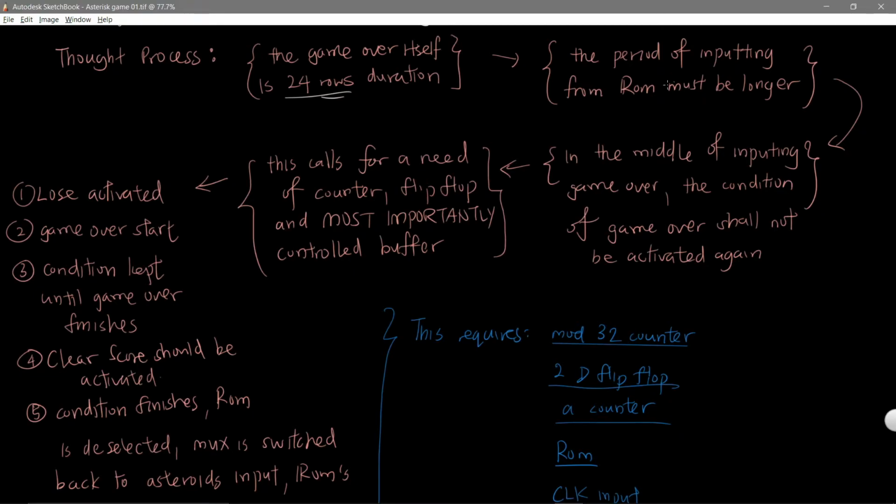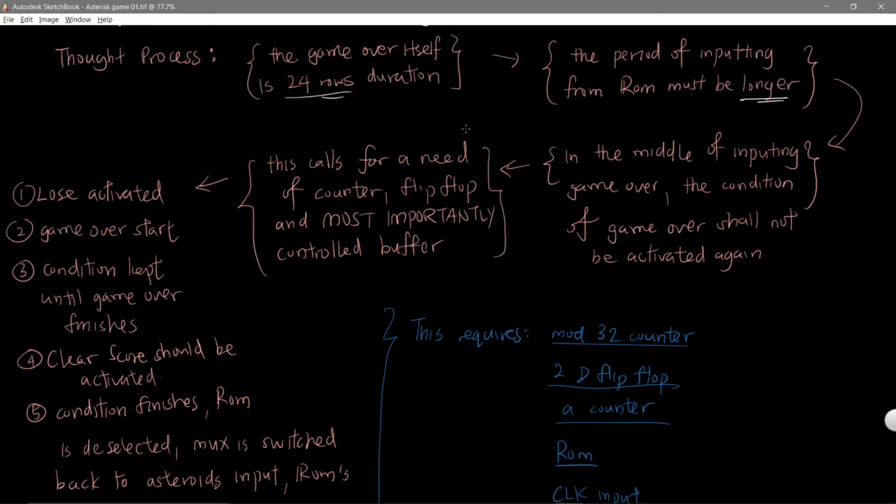The period of inputting from ROM must be longer to make sure that the message is presented completely, and to make sure there is space between the end of your message and the start of the asteroids falling. So that's going to be longer than the length of your message here. As I said before, the message is going to be from the top row.